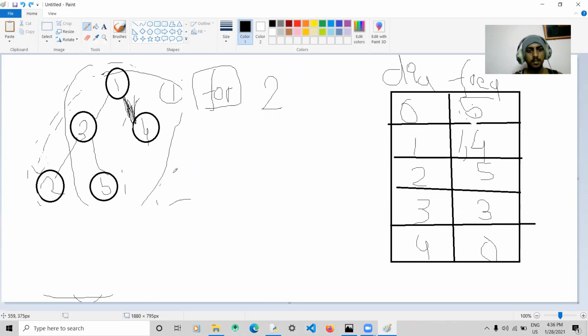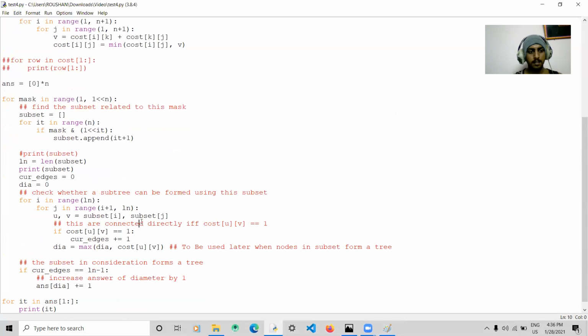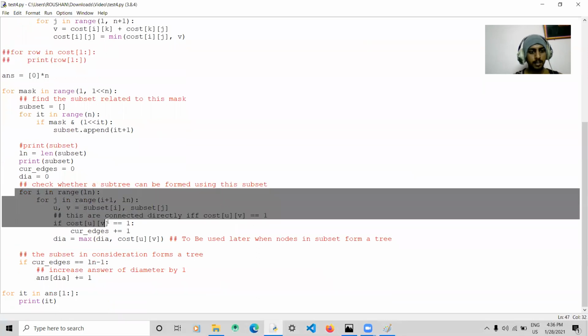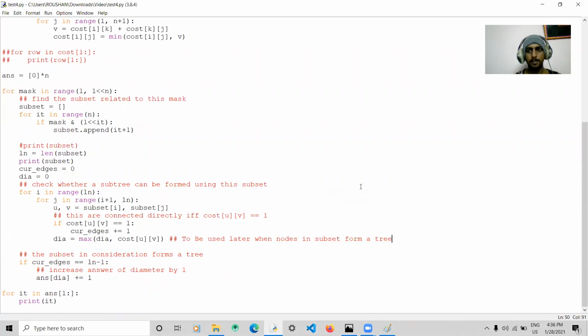So if you have an r size subset, then you require r squared extra looping to find whether it is a good subtree and what is its diameter.